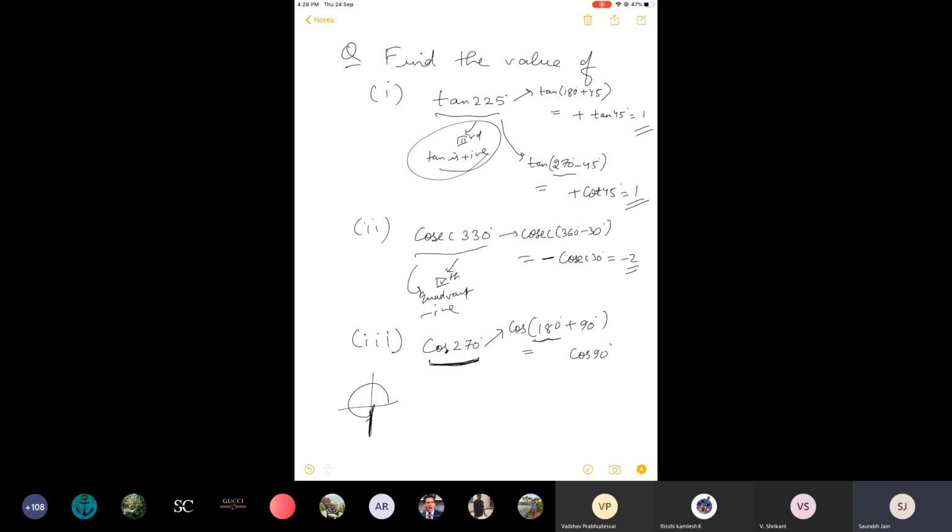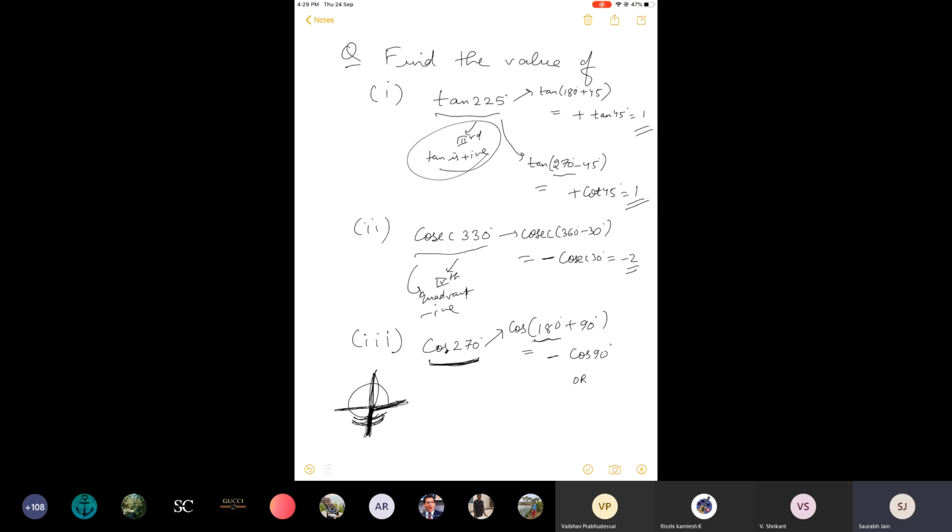Now listen, this is very important. If you consider it as part of the third quadrant, then in the third quadrant cos is negative, so you put a negative sign. But if you consider this as a part of the fourth quadrant, it is actually common to both, so you can consider any one you want. These angles which are on the axis, like 0, 90, 180, 270, 360, you can consider in any one of the quadrants.